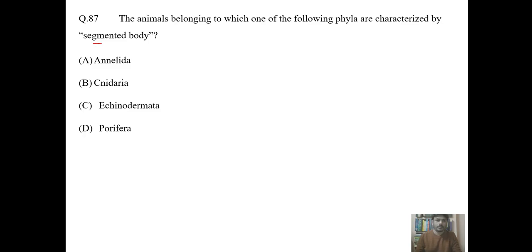If we see the options one by one, Annelida show metameric segmentation.